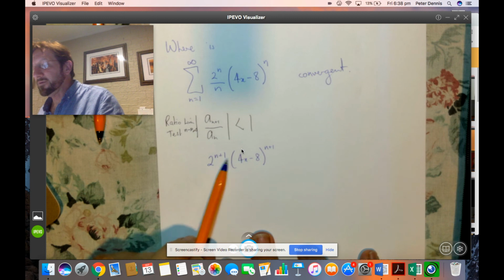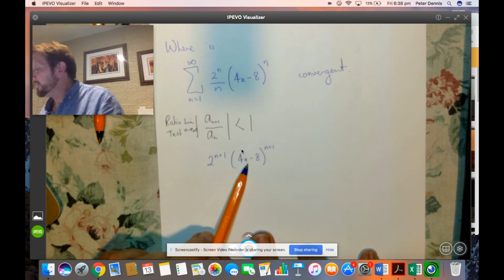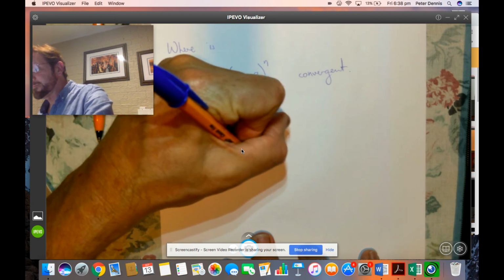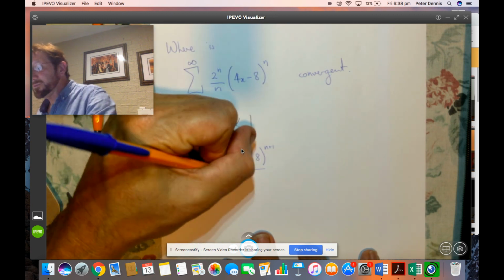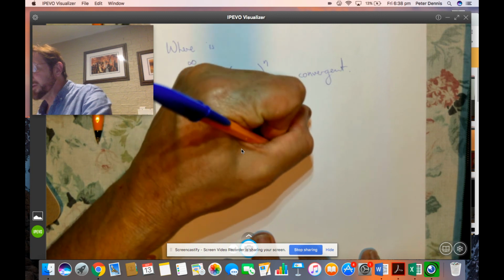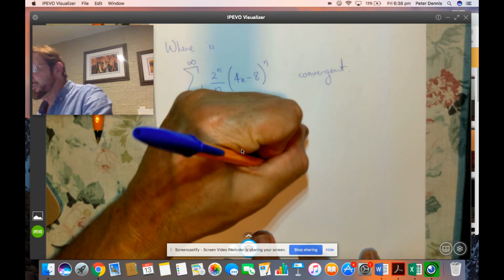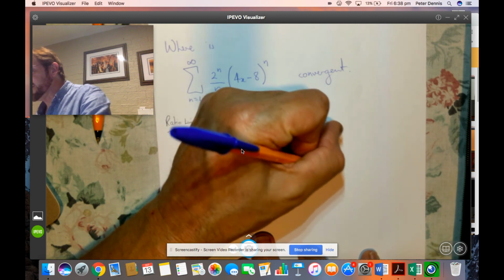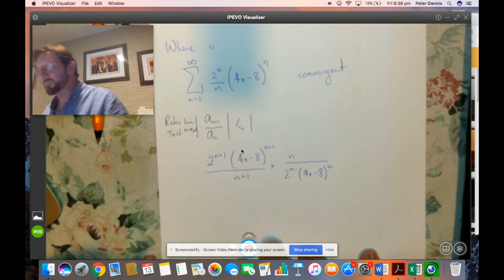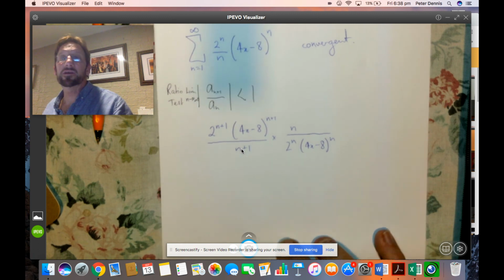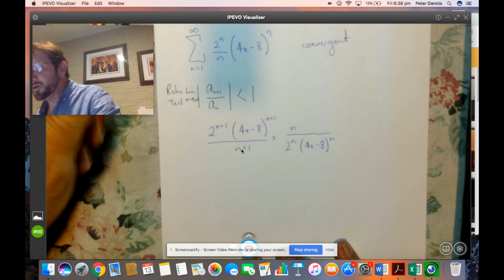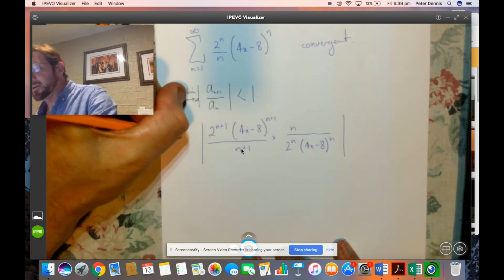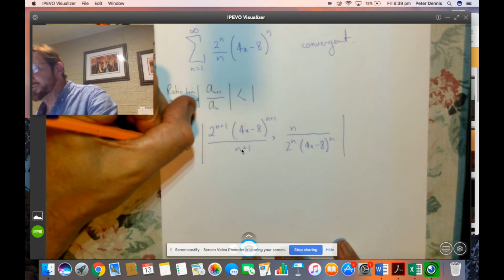Then we're going to multiply that by 2 to the n over n times (4x minus 8) to the power of n. Now, lots of things here can cancel, but let's write it out. And remember, we're looking at the absolute value of this and the limit of that as n tends to infinity.